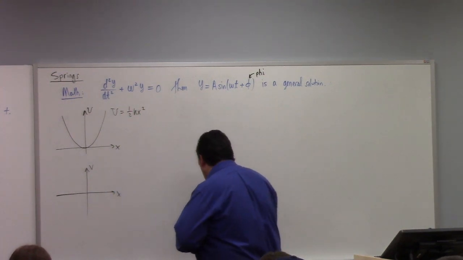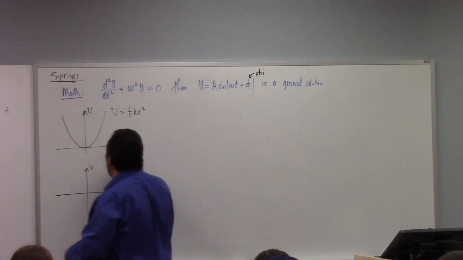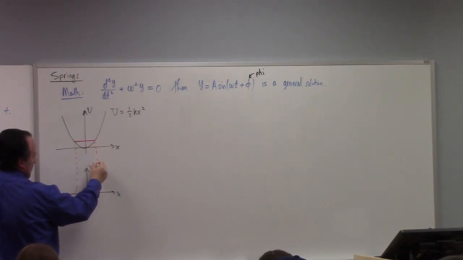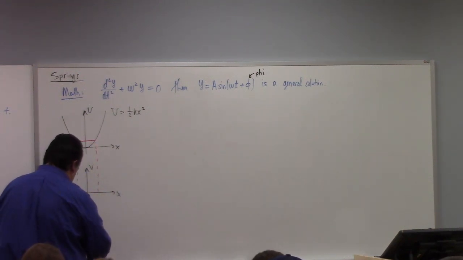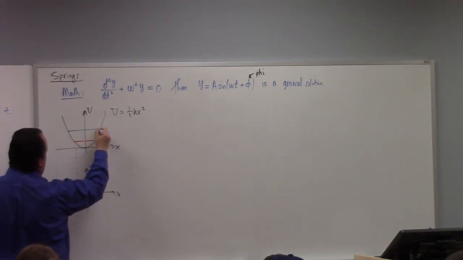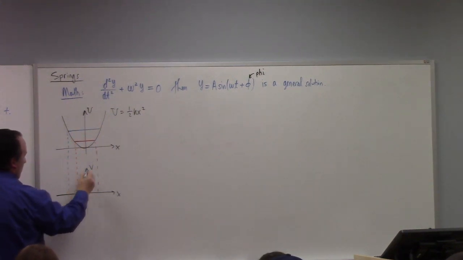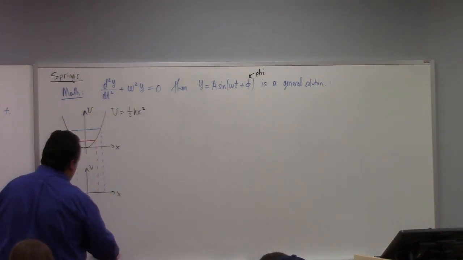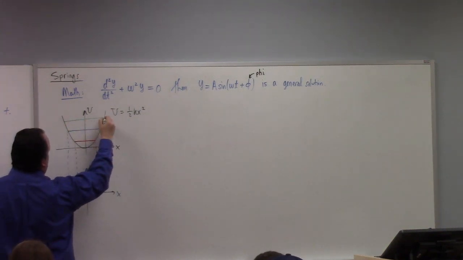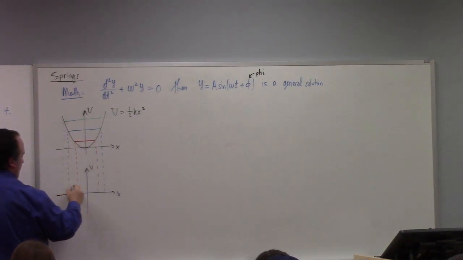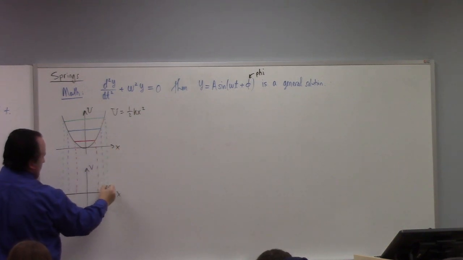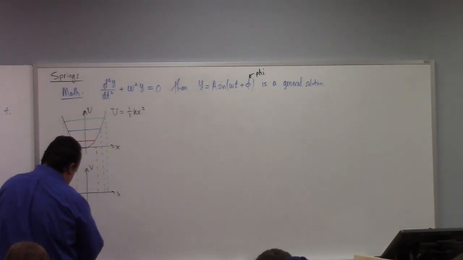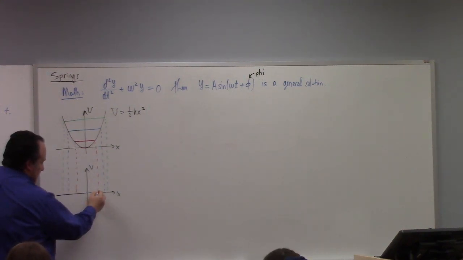We can draw in some energy levels, like so, like that. Then another one up here maybe. Like that. And one more for good measure. All right. So what are the corresponding trajectories down here in the xv plane? We have just like a little ellipse or something, all right?